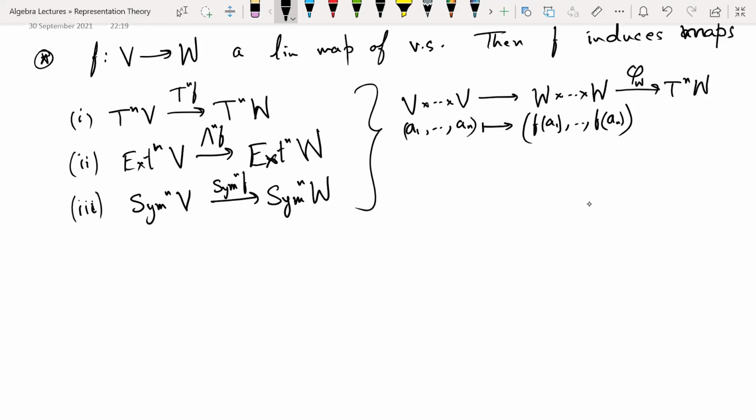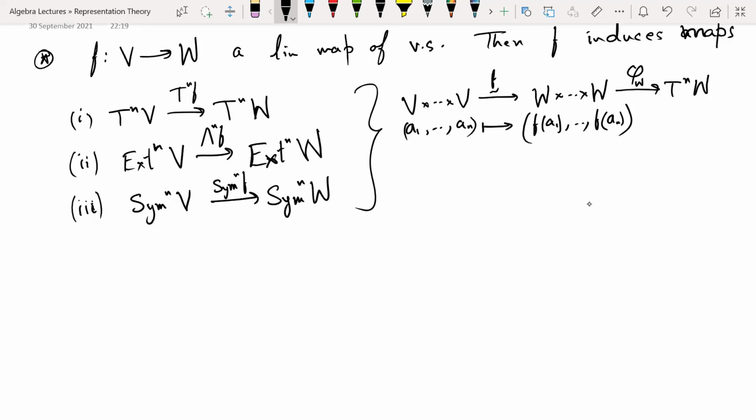Of course this f is linear in each coordinate, meaning if you fix the remaining guys and then compose it with phi, you still get multilinear. So it's easy to check that this composition, let's call it f twiddle, composed with this is multilinear. And that's how it will induce T^n f.